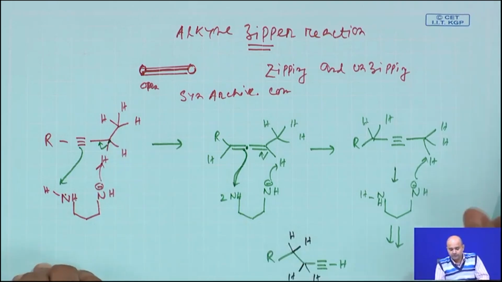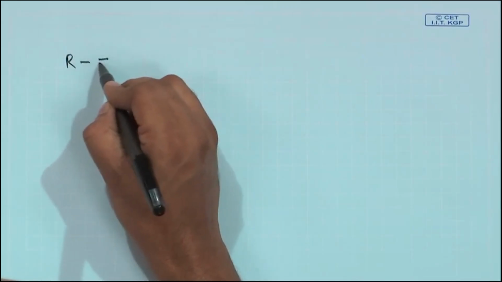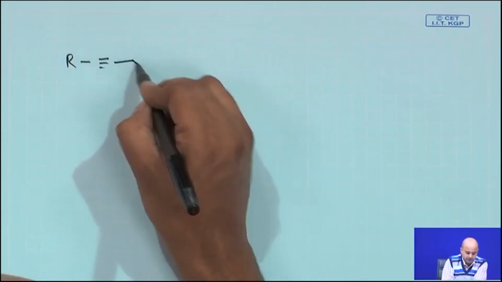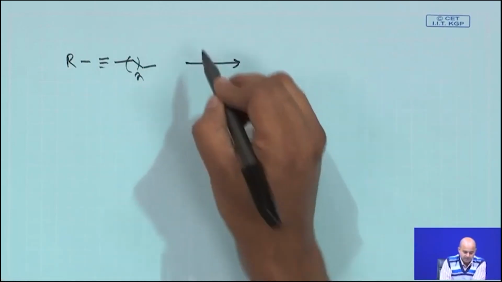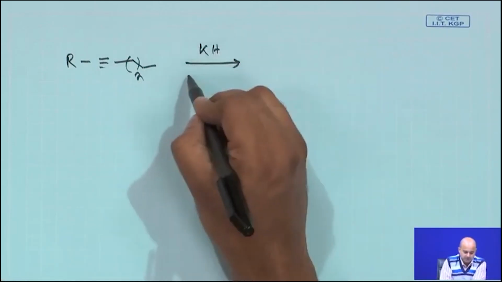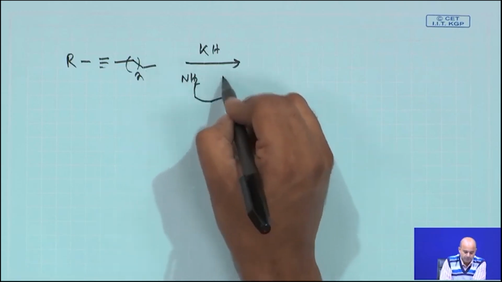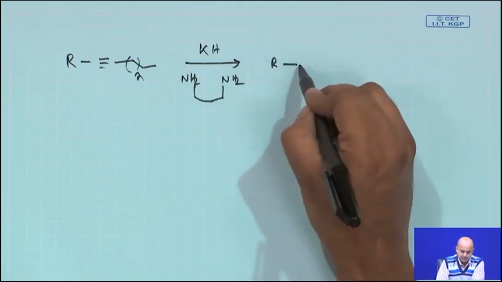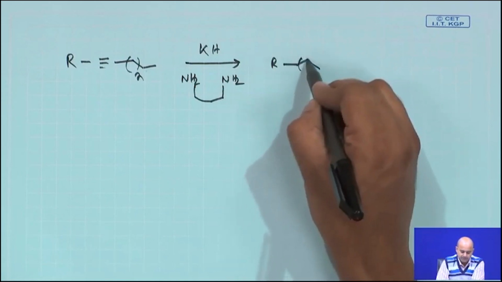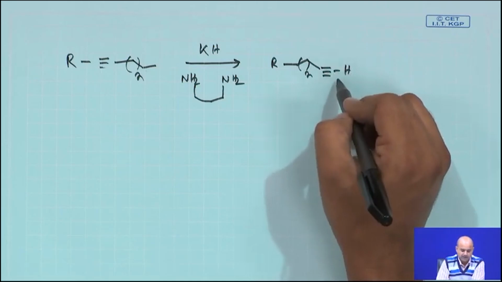So, in retrosynthetic terminology, a zipper reaction is something like this. If you have a CH2 n here, you treat it with potassium hydride and 1,3-diaminopropane, and it basically unzips like this, and at the extreme end you get this alkyne.